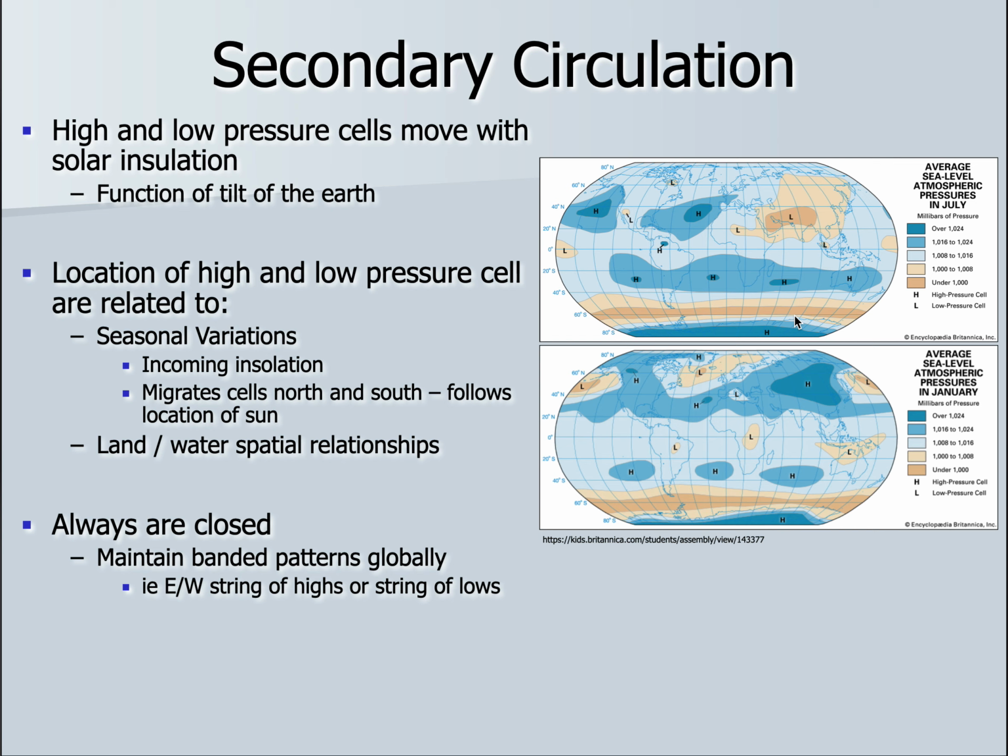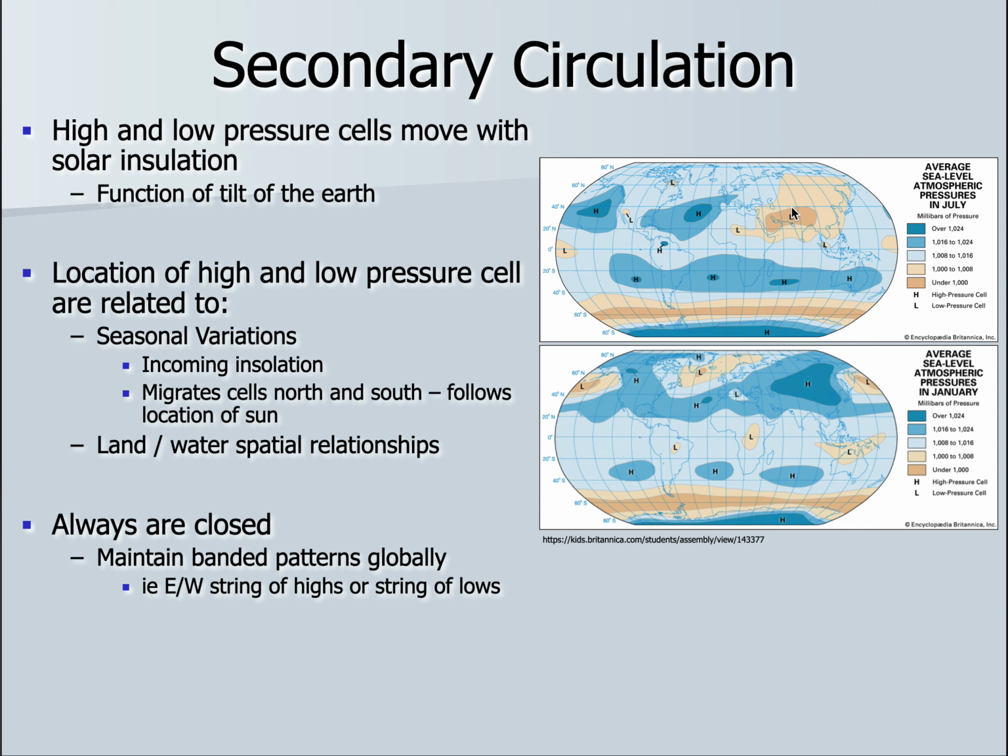So that's July. So in January, we know the sun is in the southern hemisphere, and we take a look, and what has happened is we've lost this big, enormous low pressure cell here, and we've replaced it with a big high pressure cell. So in the northern hemisphere, with this large land mass, remember that when we have land, we don't have storage capacity for energy.